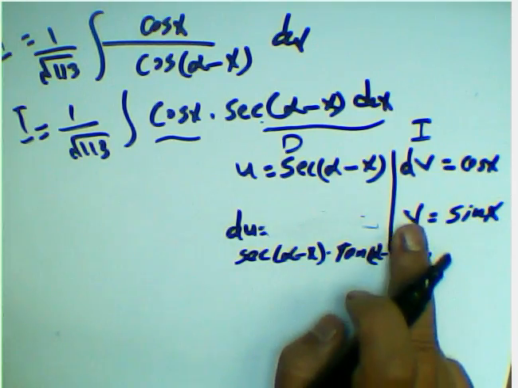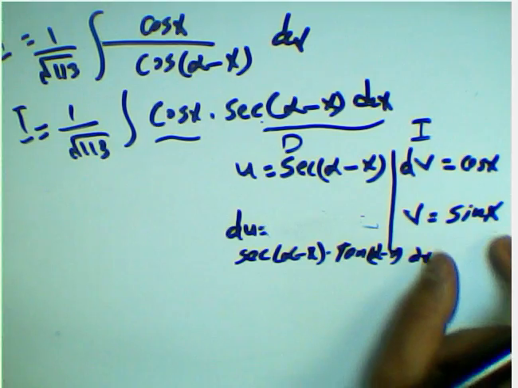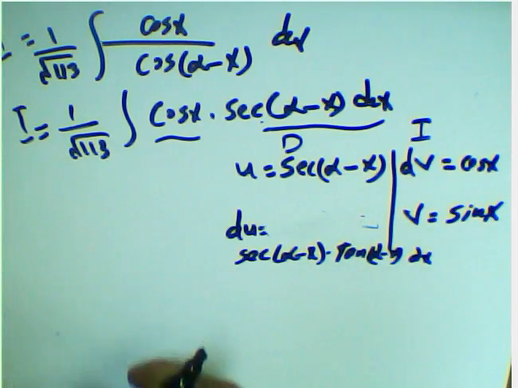u multiplied by v, subtract the integration of sine x multiplied by this function.